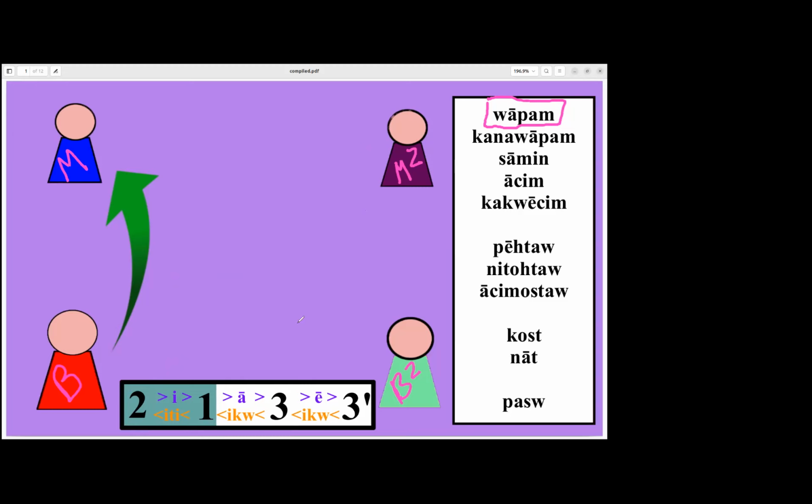Hey, Maggie 2. Nawapamau Maggie. Kiwapamau Maggie. Nawapamau Maggie. Kiwapamau Maggie. Hey, Maggie. Kiwapamitin. Kiwapamin.